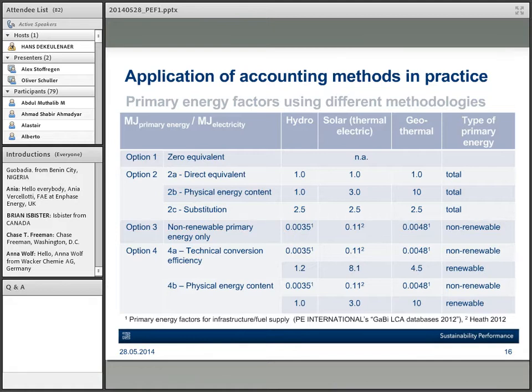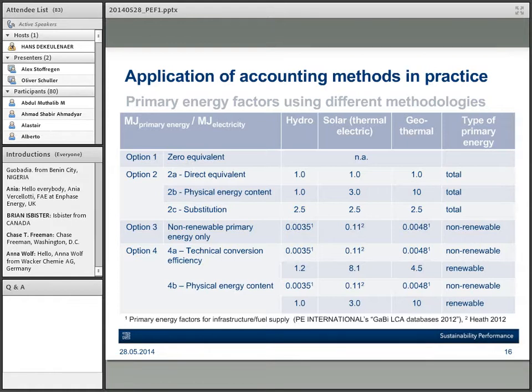For option 3, basically there's only the infrastructure included, so the numbers are rather small. If I look at option 4, which is used in life cycle assessment, you see the advantage a little bit that the primary energy is split up here into non-renewable and renewable, because here it is still easy to understand because it's just one specific energy source.